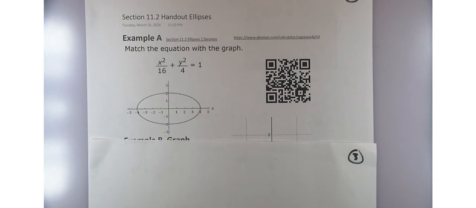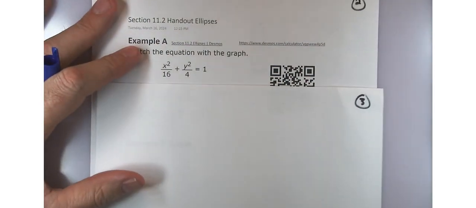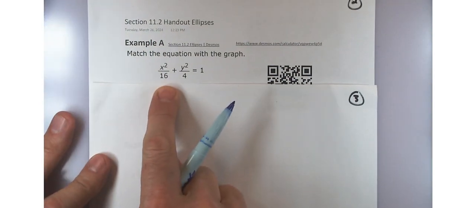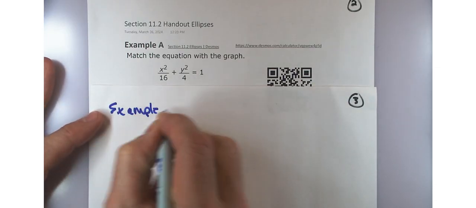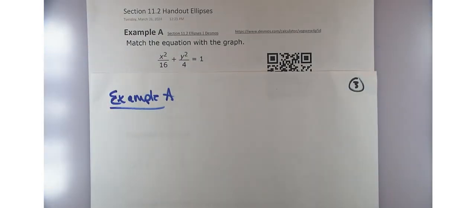Now how do you find an x-intercept or a y-intercept? Yeah, set x equal to 0 and then set y equal to 0.